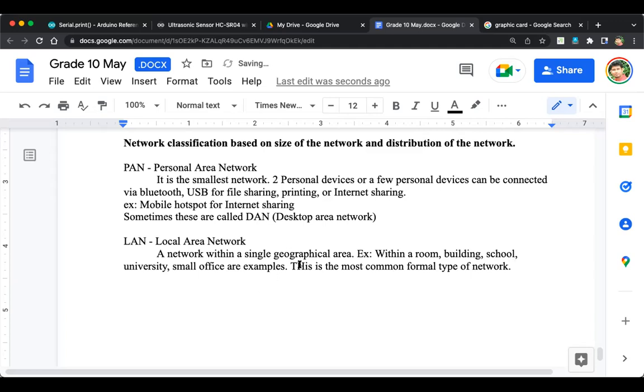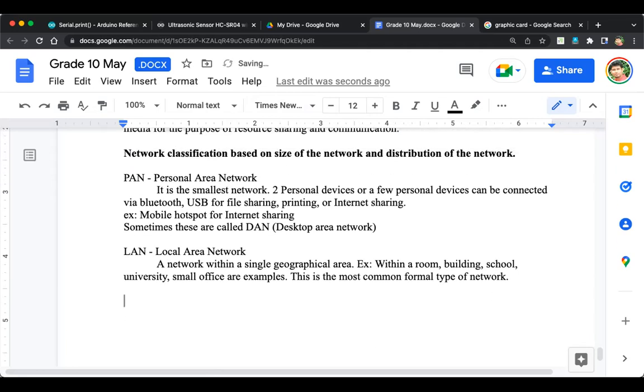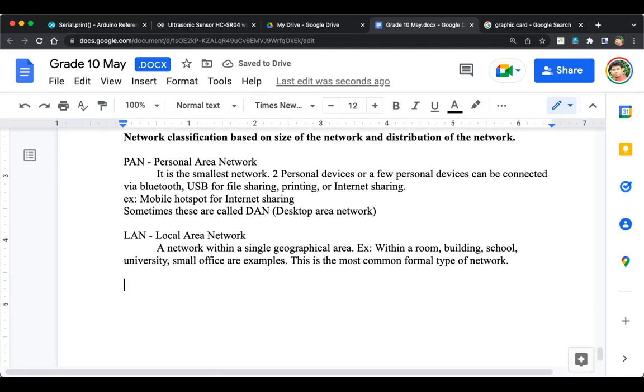That is why the personal area network is not there. Formally, that is not a network. So that is a network, but formally we are not calling that because it is kind of ad hoc, temporary. But local area network is not temporary. It can be there for a long time.